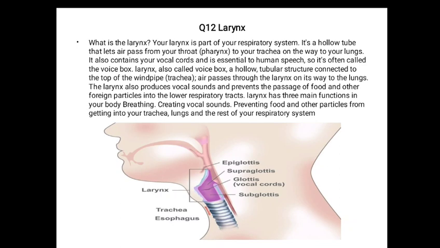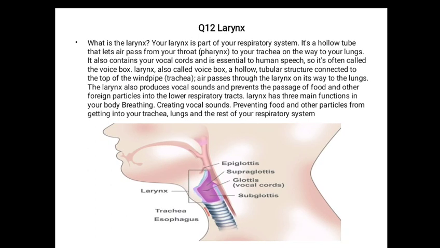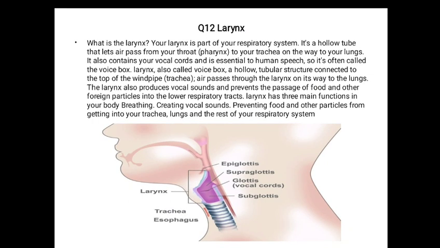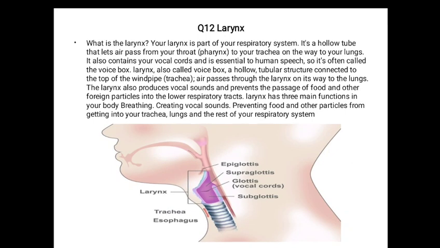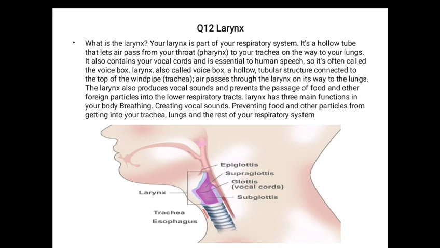It also contains our vocal cords and is essential to human speech. So, it's often called the voice box. Larynx, also called voice box, a hollow tubular structure connected to the top of the windpipe, means trachea.